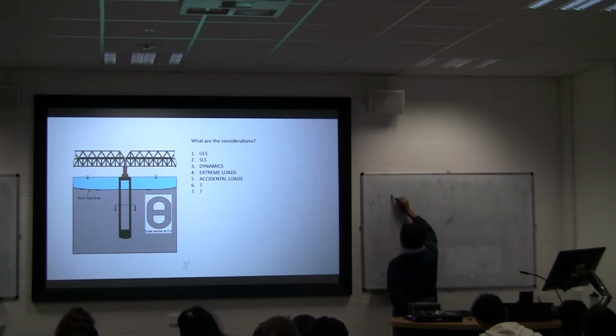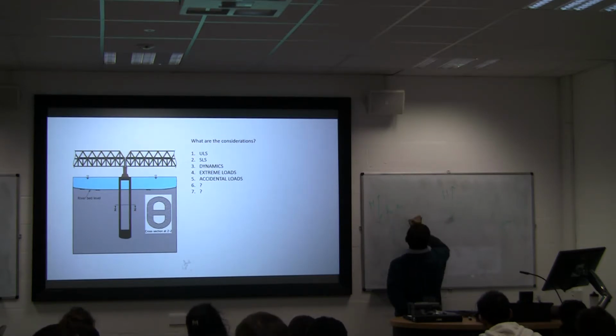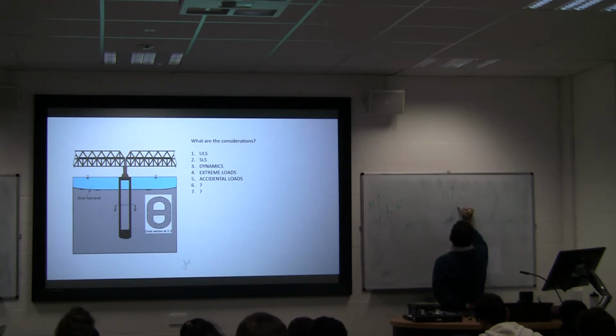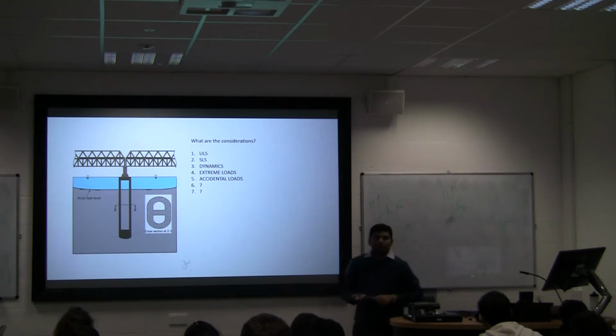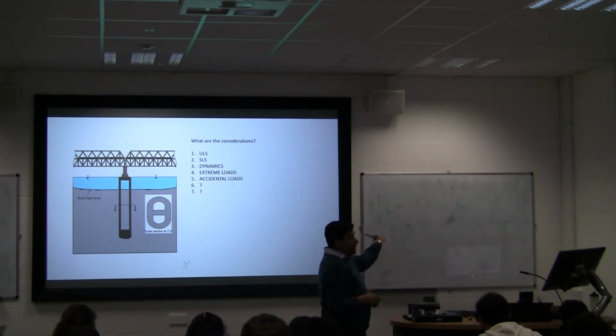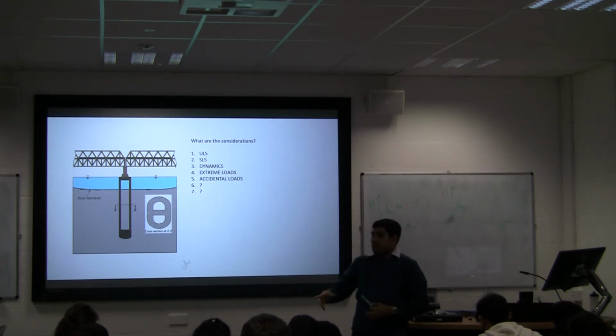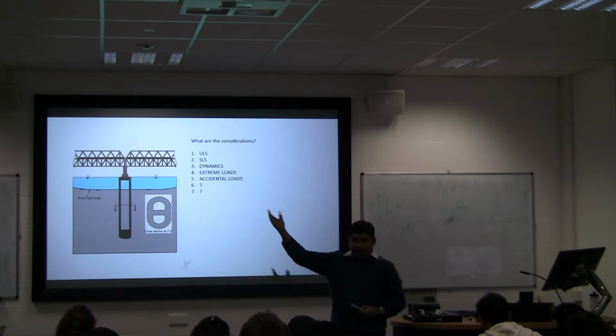This will give you K rotational, or K theta, and this will give you K lateral. So these are required for a foundation to calculate the dynamic characteristics.